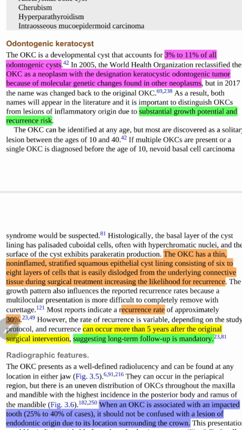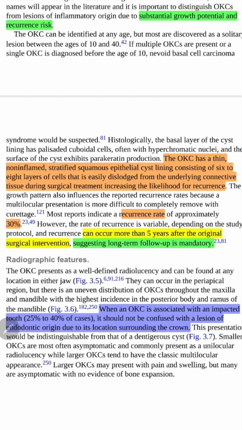Odontogenic keratocyst is a developmental cyst. It has substantial growth potential and recurrence risk. It has a thin, non-inflamed, stratified squamous epithelium cyst lining.